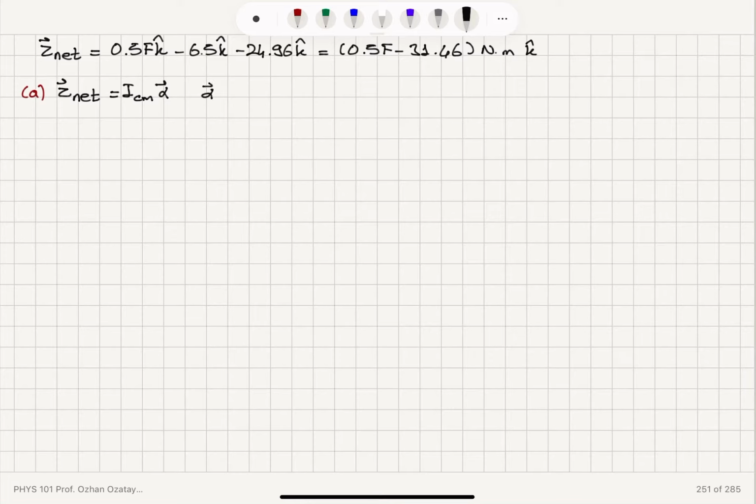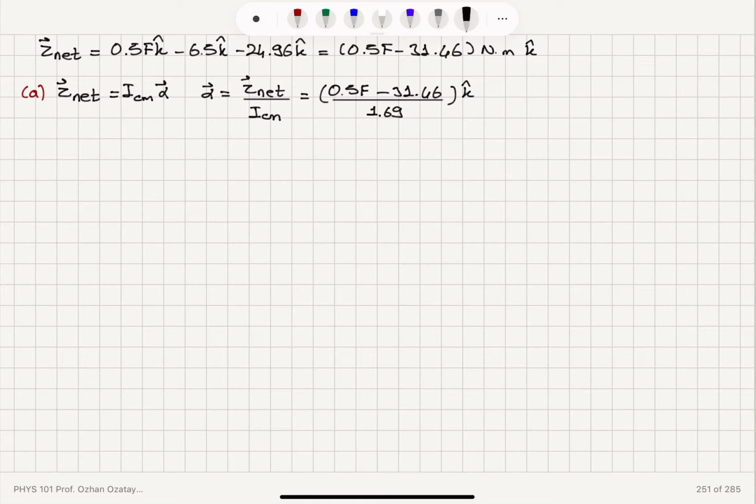So the angular acceleration alpha will be equal to the net torque divided by I center of mass for the uniform disk that I have calculated. Now the net torque was 0.5 F minus 31.46. So this will be divided by I center of mass 1.69 kilograms meters squared in k hat direction. So this is my alpha vector.